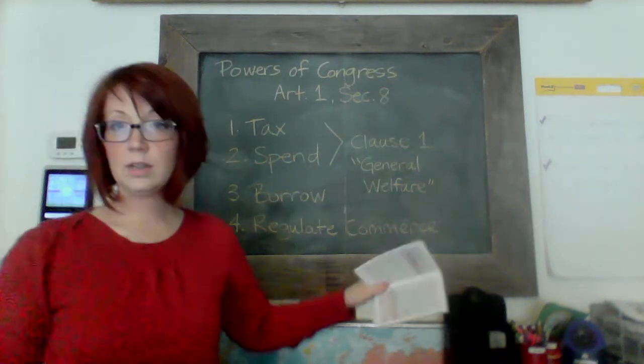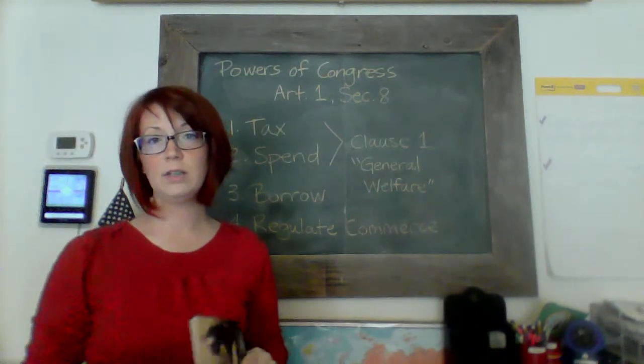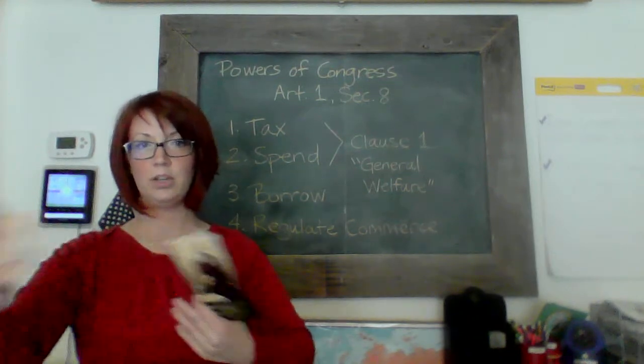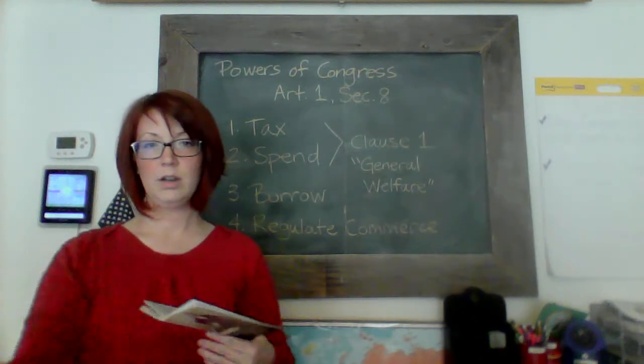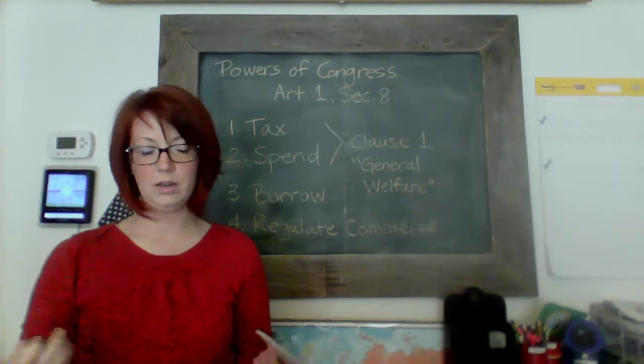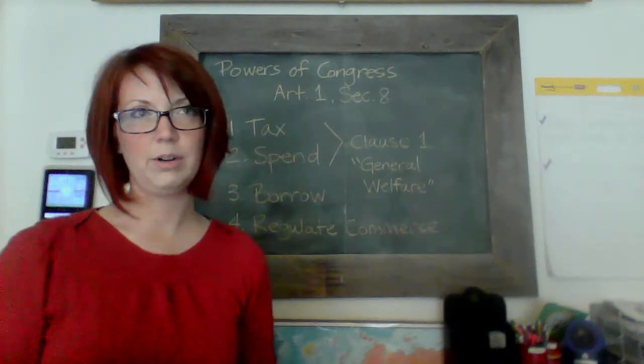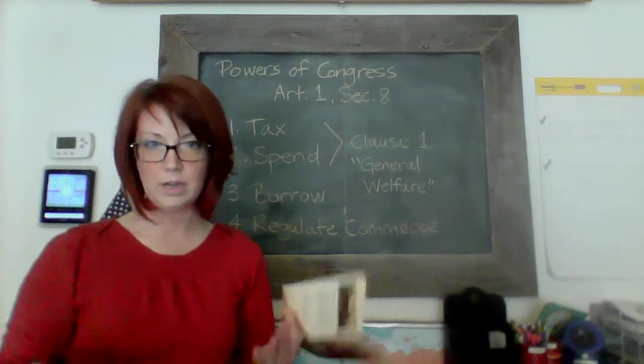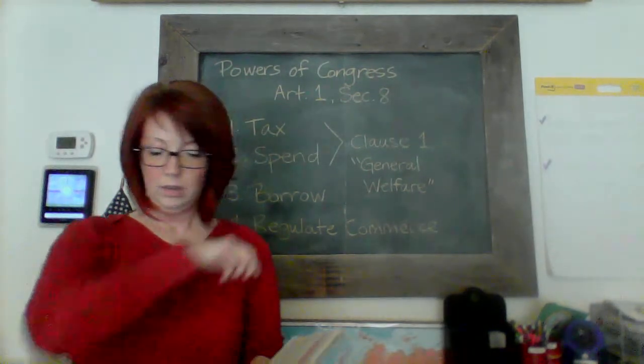Okay? Hopefully you all know what commerce is. Commerce is just the sale and purchase of goods and services. So it's just industry, well, not industry, but moving goods back and forth and exchanging money and stuff, okay?